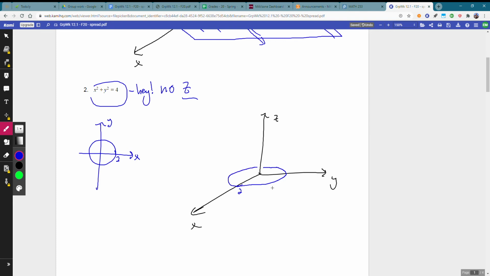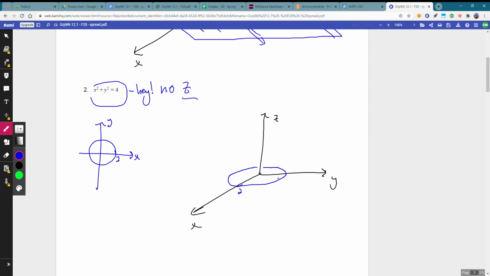There we are. So there is just one section of our shape. But since z is not involved in our equation, we can take this section and stretch it in the positive and negative z directions, forever.